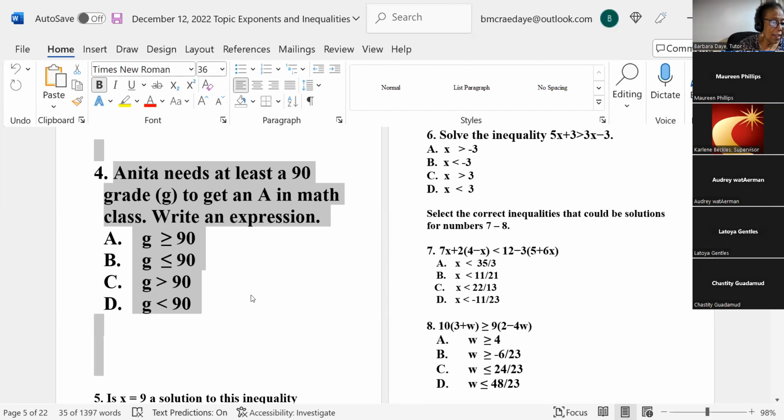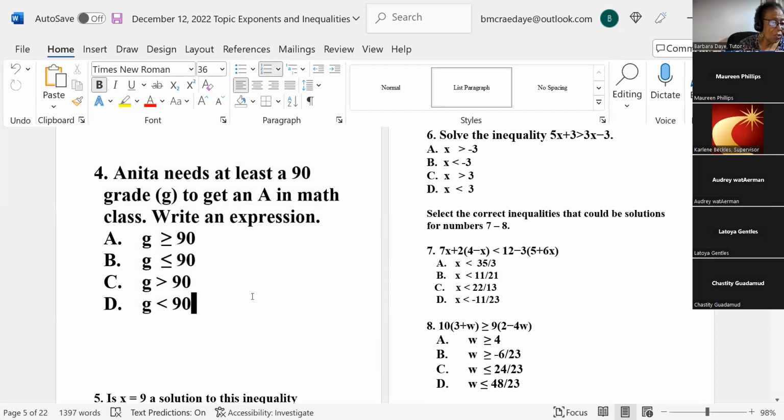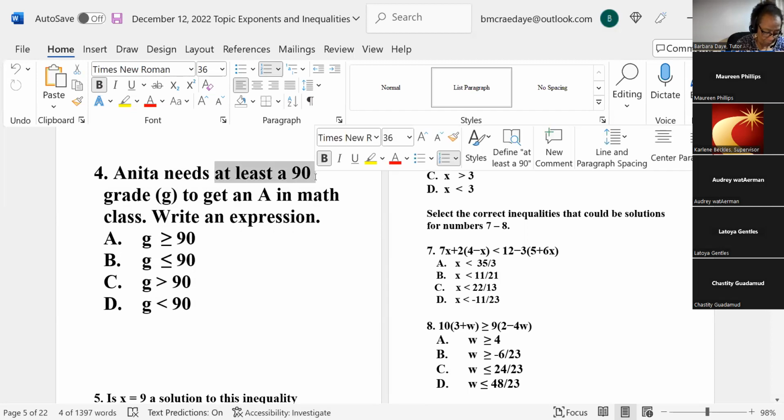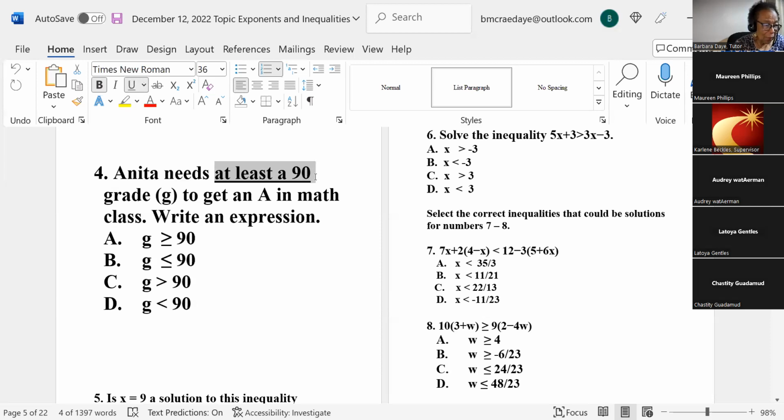Anita needs at least a 90 grade to get an A in math class, where the grade is represented by G. Now this is an "at least a 90." And at least means what, Latoya?